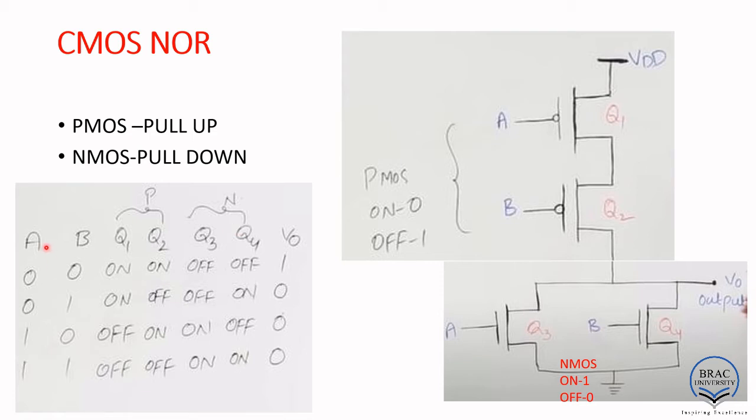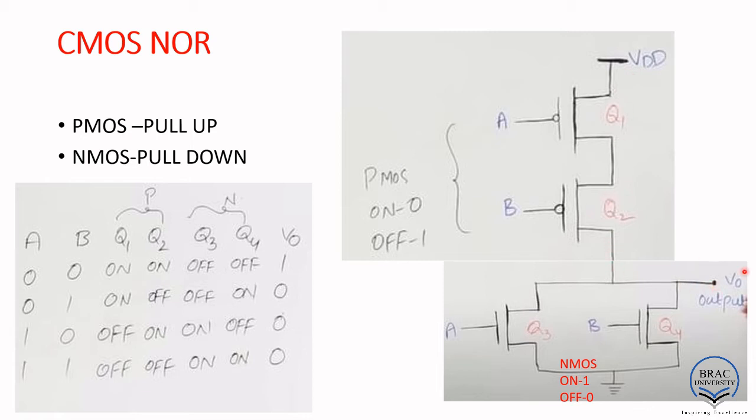So when A and B are 0, that means A is 0, B is 0. So 0 means this transistor is on, and again B is 0 means Q2 is on. On means shorted, so VDD to Q1 is shorted, and Q2 here is shorted as well. So VDD is connected to V0.